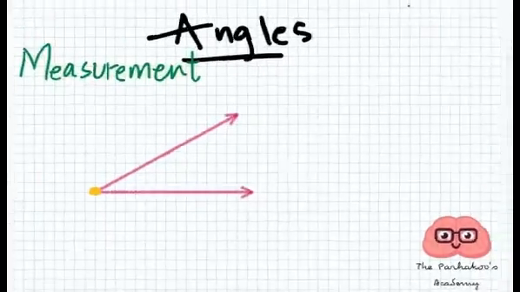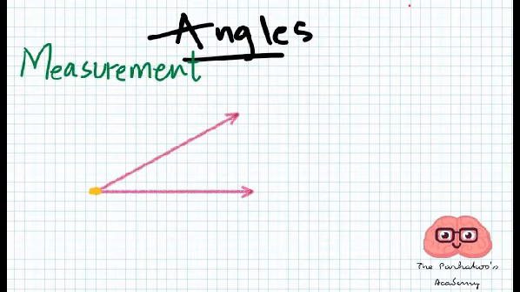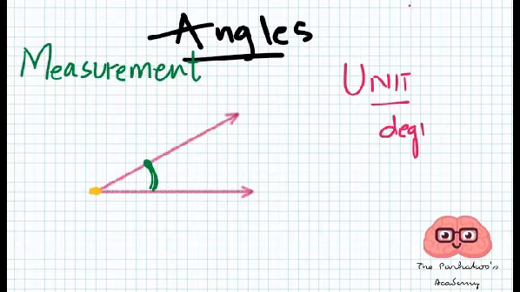Now let's see how we can measure the angle, or what helps us to measure how much rotation it is. Remember the unit of angle is degree, and degree is nothing but a small o over the value.